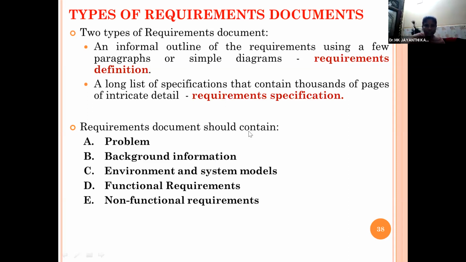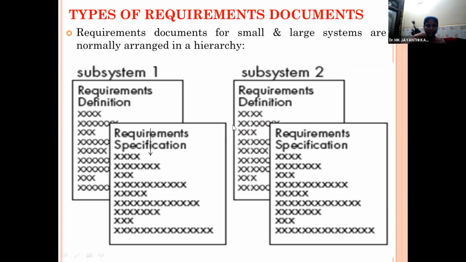Any requirements document should have the following five elements. The problem should be stated, background information should be written, the environment and the system model should be specified, and functional requirements and non-functional requirements should be clearly stated. So the typical requirements document will look like this.